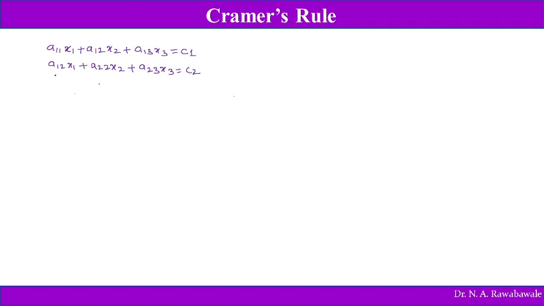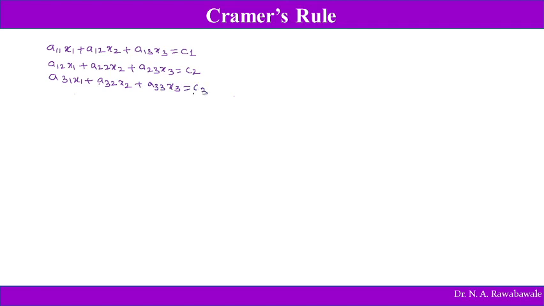The third algebraic equation is a31 x1 plus a32 x2 plus a33 x3 is equal to c3.